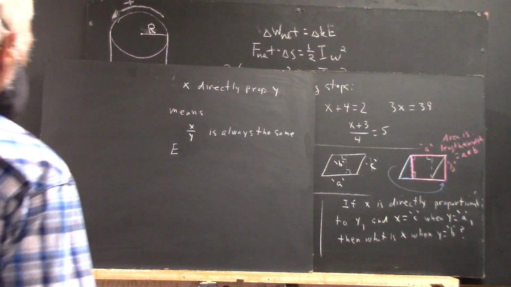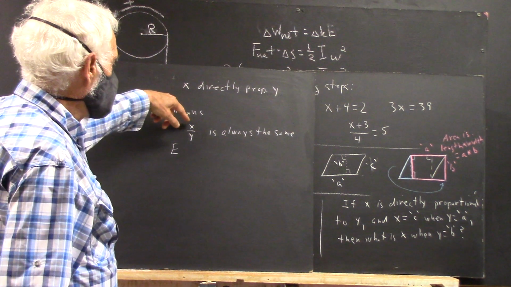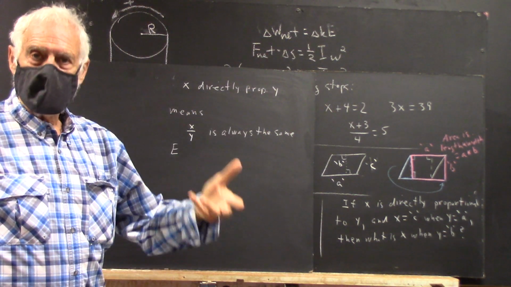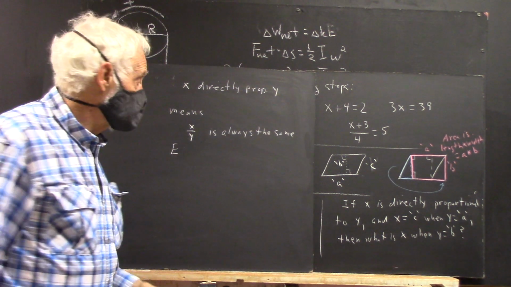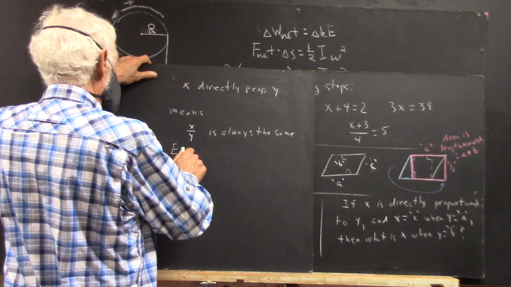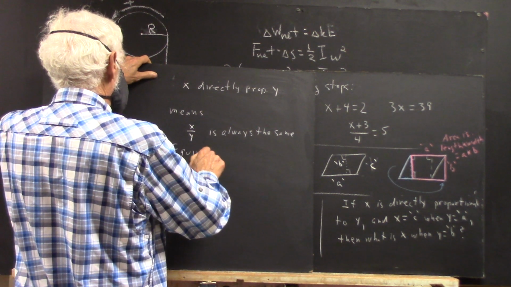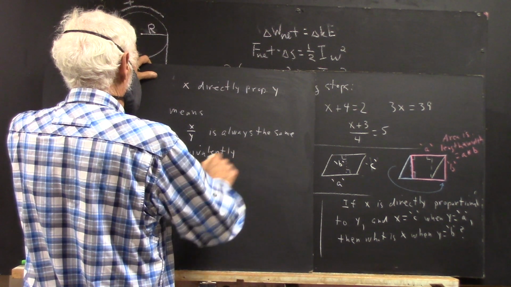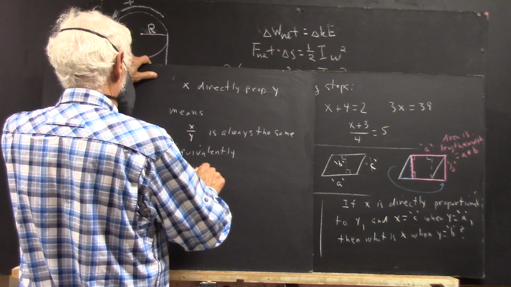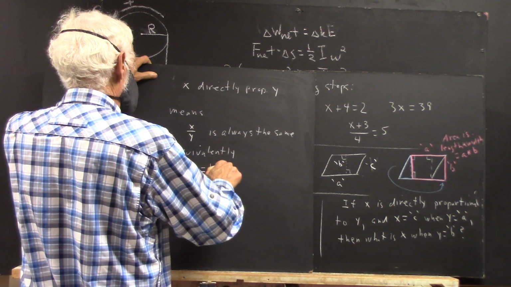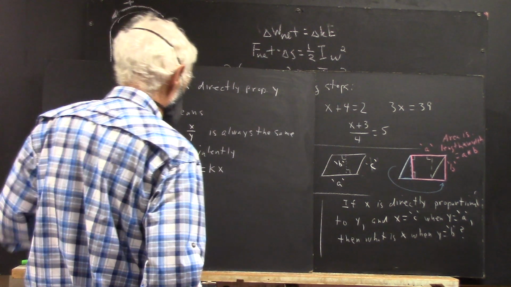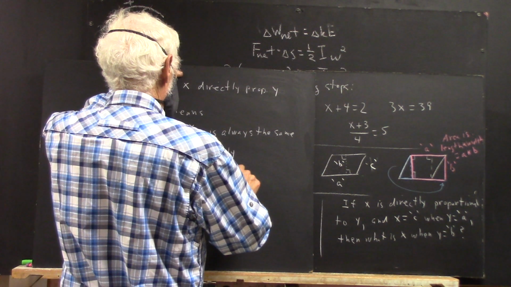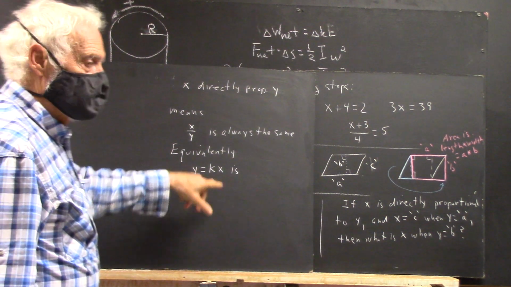Okay, so x directly proportional to y means x over y is always the same. When I say it's always the same, I mean it always has the same value. There's an equivalent way. I'm going to say it this way, y equals kx.